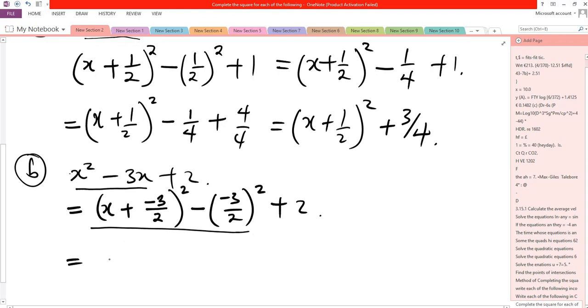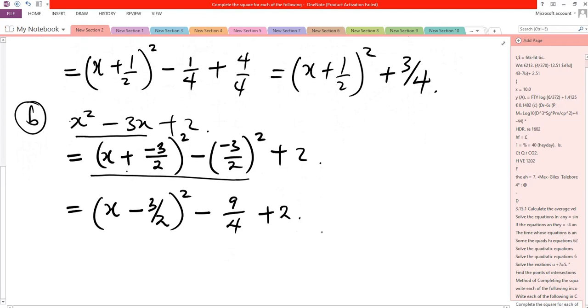So we will now have x plus times minus is minus, so you have x minus 3 over 2 all squared. Then minus 3 over 2 squared will be 9 over 4, so minus 9 over 4 plus 2.